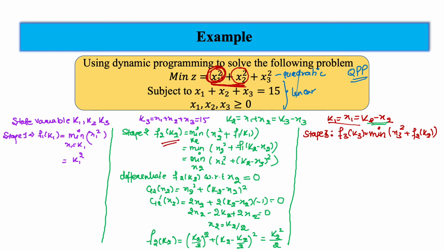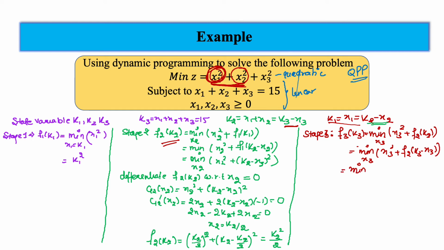Now k2 is nothing else but k3 minus x3. So now we have to minimize with respect to x3. Minimizing x3 here, you get x3 square plus, in place of k2 you will write k3 minus x3.